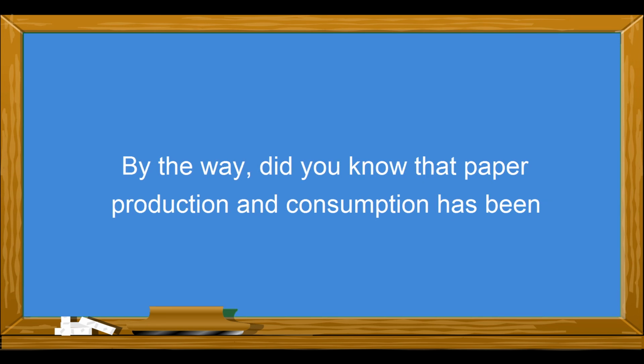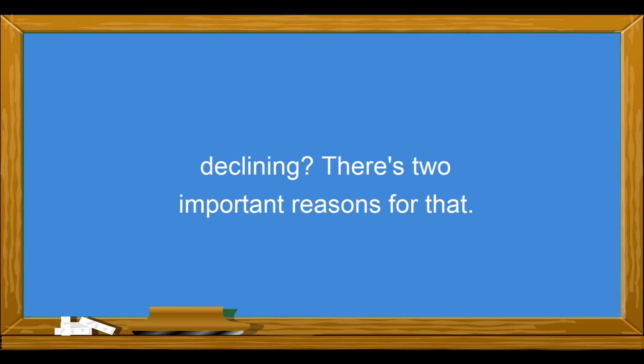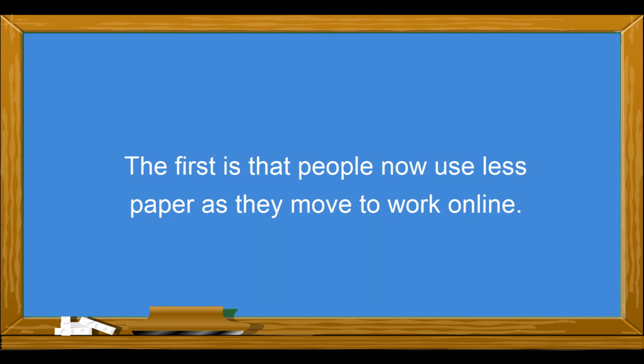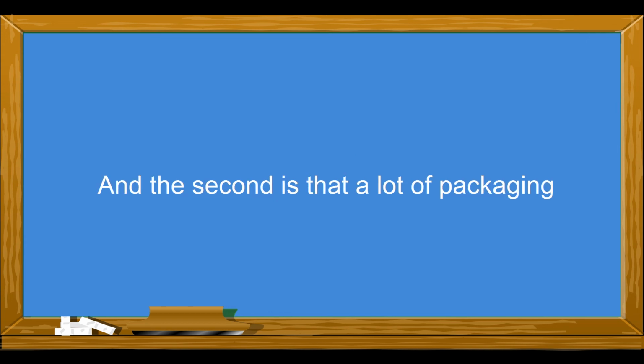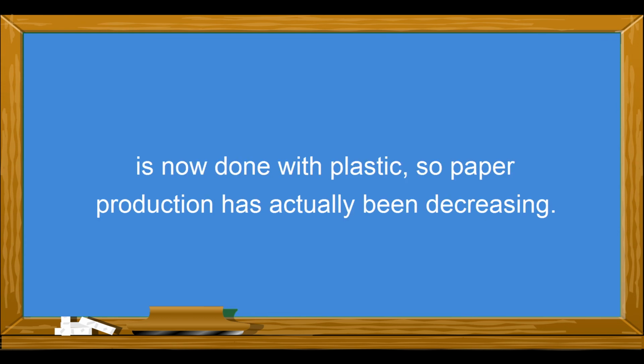By the way, did you know that paper production and consumption has been declining? There's two important reasons for that. The first is that people now use less paper as they've moved to work online. And the second is that a lot of packaging is now done with plastic. So paper production has actually been decreasing.